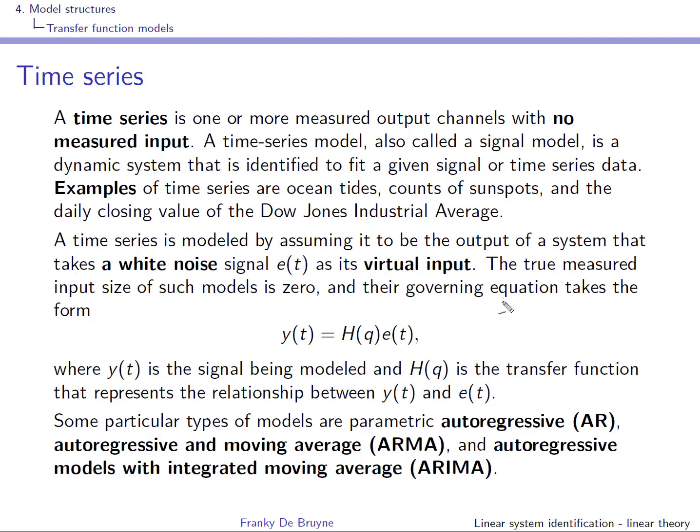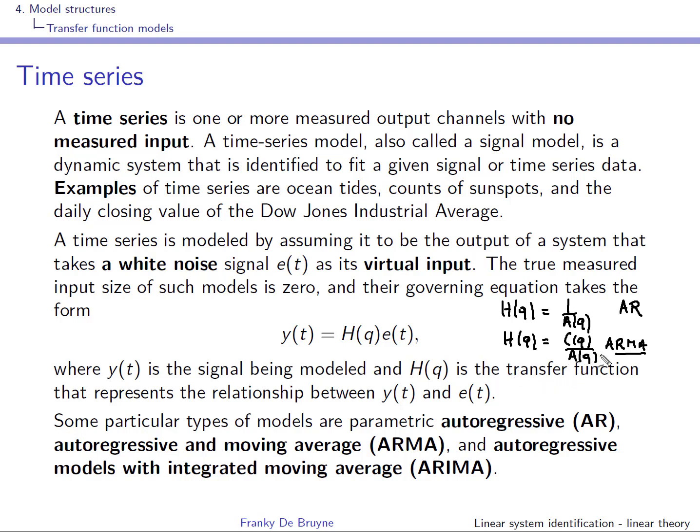If H(q) is 1 over A(q), then we speak of an AR model, and if H(q) is C(q) over A(q), then we speak of an ARMA model, and this is a model that we've encountered previously in the course and that we've used to illustrate some concepts.